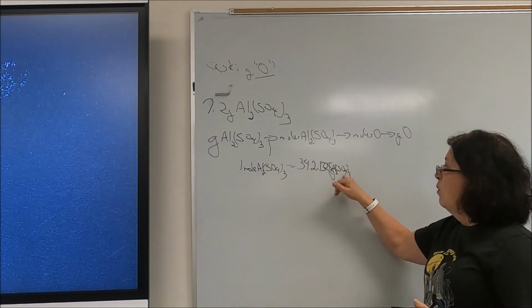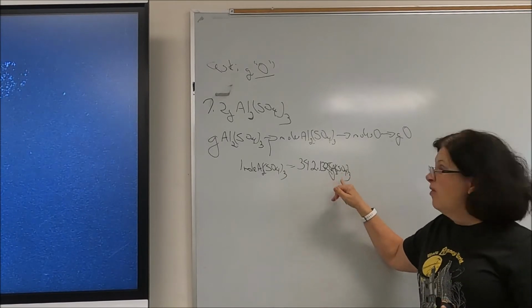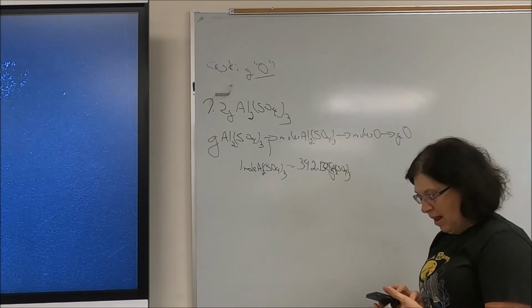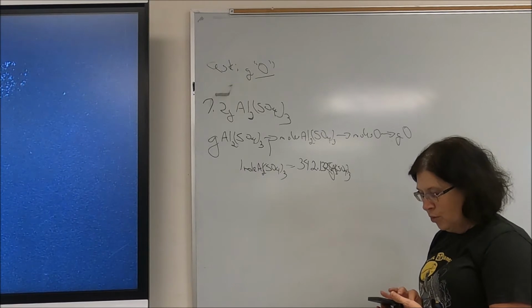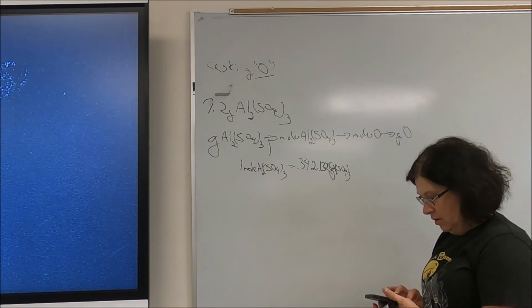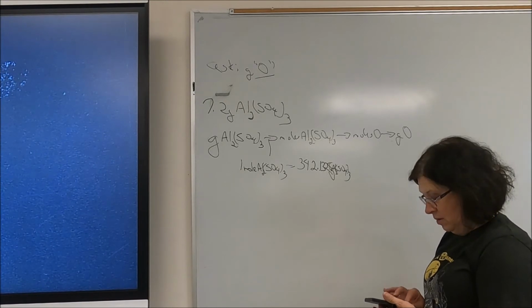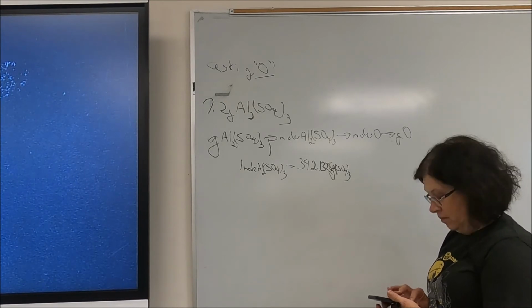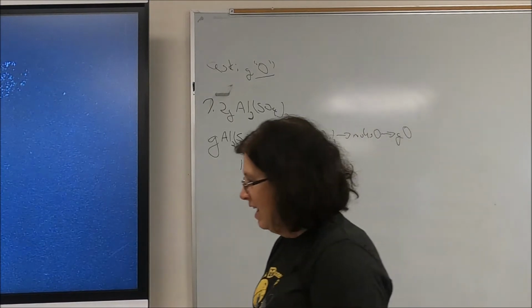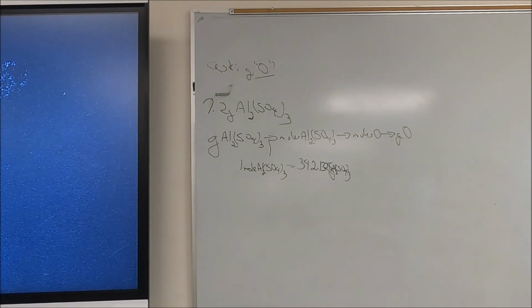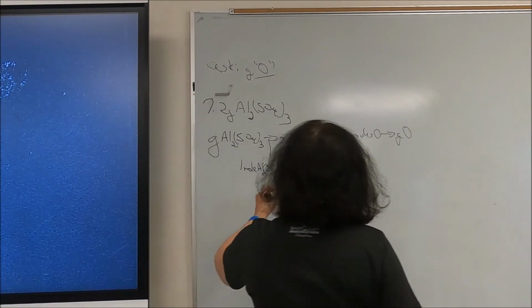Now before you freak out, we've got 12 oxygens and 3 sulfurs. The mass piles up pretty quickly. I'm running the numbers again just to double check. Yep, so we've got that.